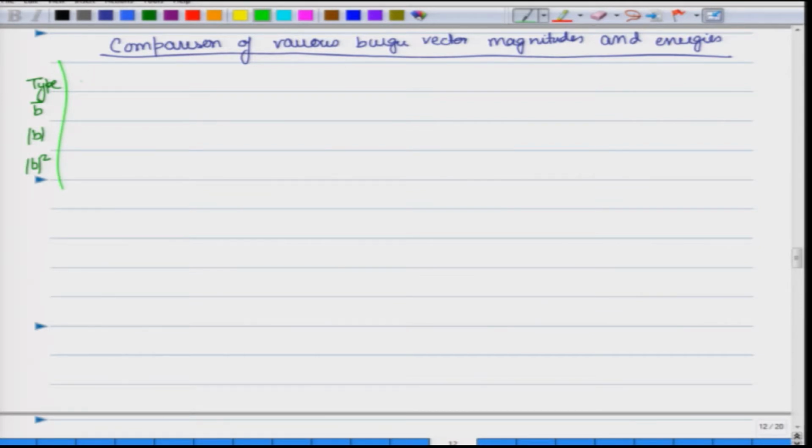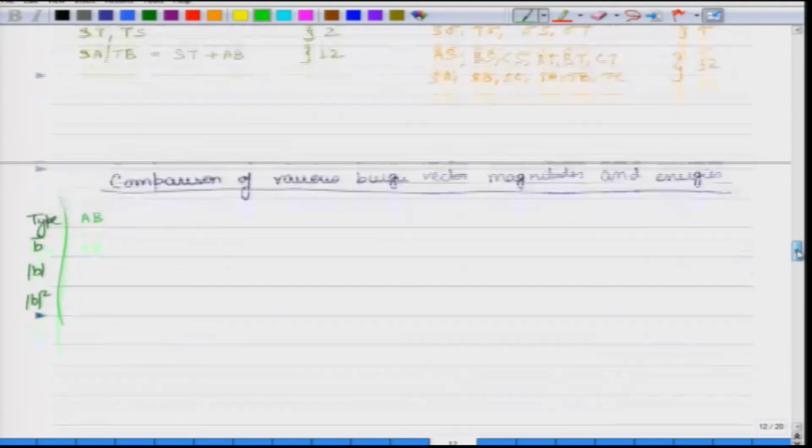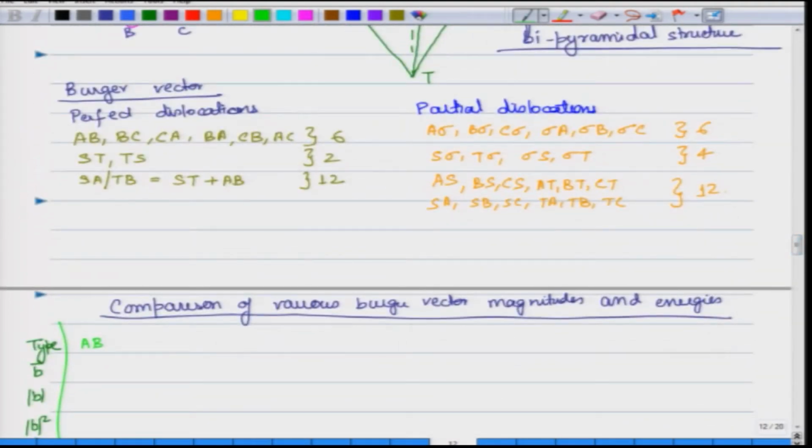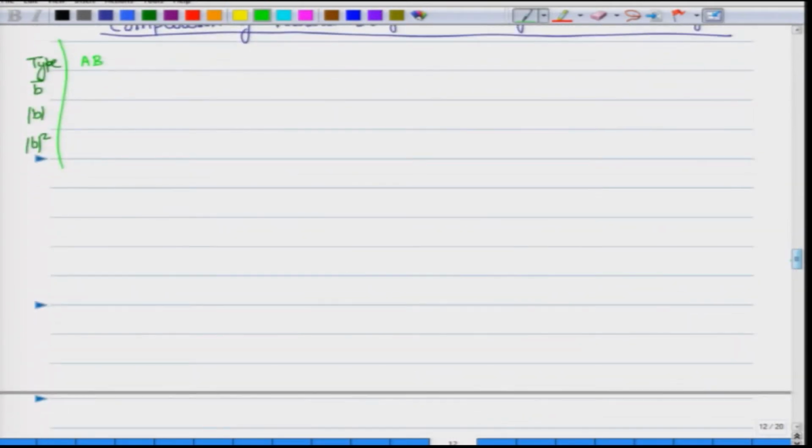So, type, when I say, it can be AB type. You can see in the previous one that there are 6 different types, 1, 2, 3, 4, 5, 6, 7, actually 7 different types. So, we will compare all these 7. AB type, which is 1/3 [1 bar 2 0].